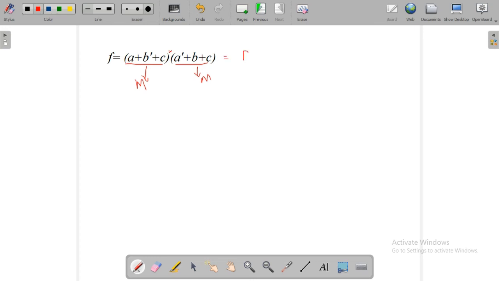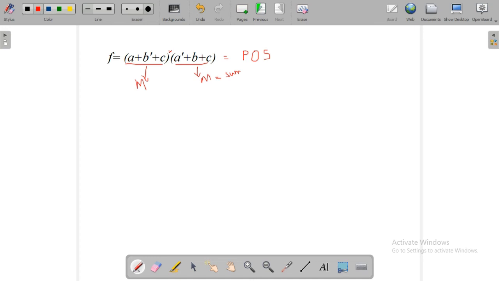Max term means the sum of all literals. So from this you can easily identify this is a POS expression. Then how to map these values in the K-map, that we will also look at.